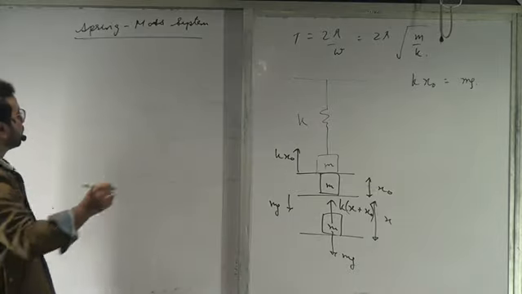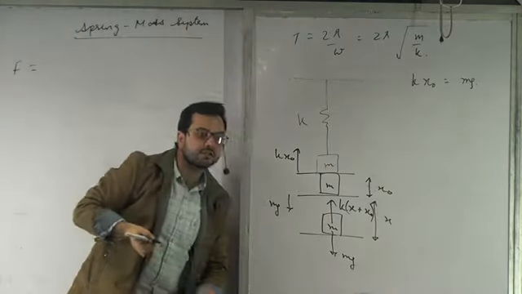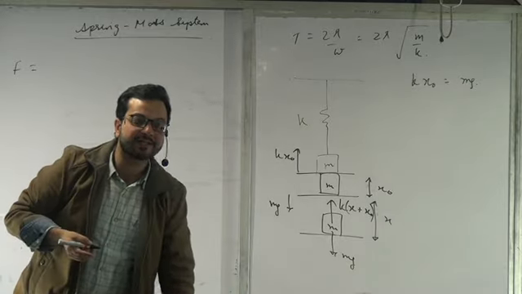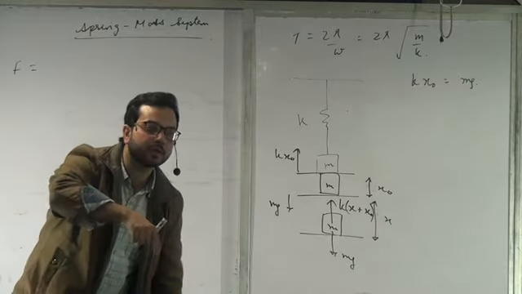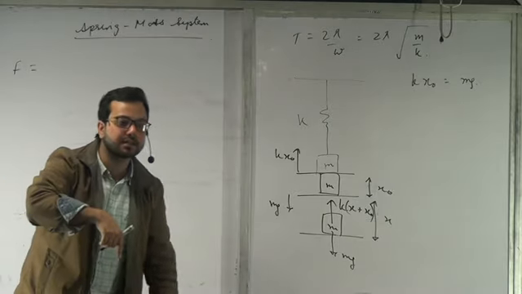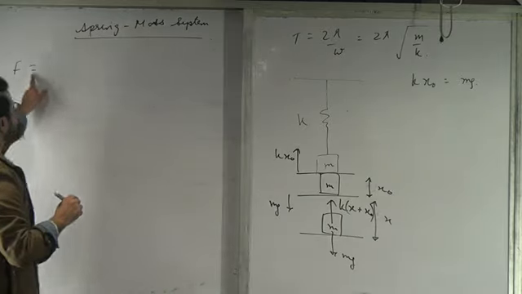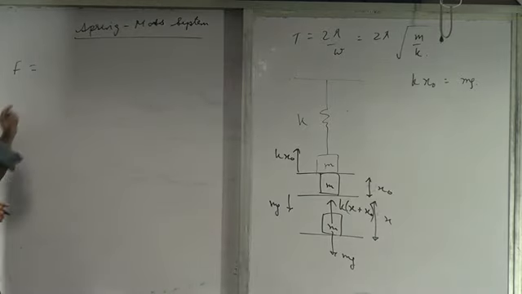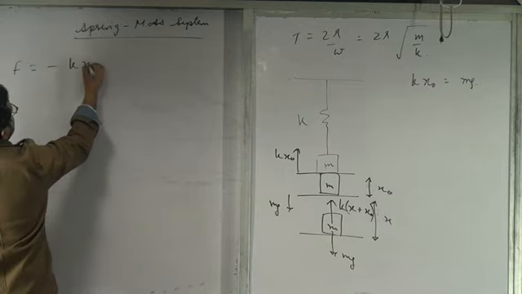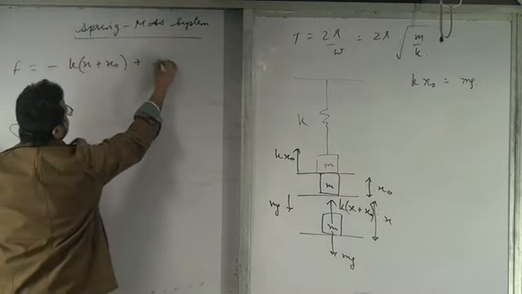Okay, so what should I write as the net force? Again, what is the direction of displacement? It's downward, so by default I'll take the downward direction as positive. The force acting in the downward direction, I'll take as positive. The force acting in the upward direction, I'll take as negative. So the net restoring force will be equal to minus k into x plus x naught plus mg.